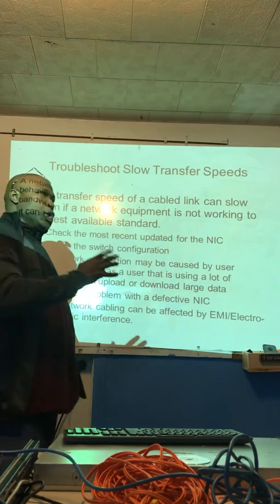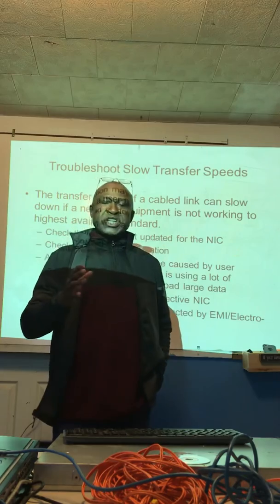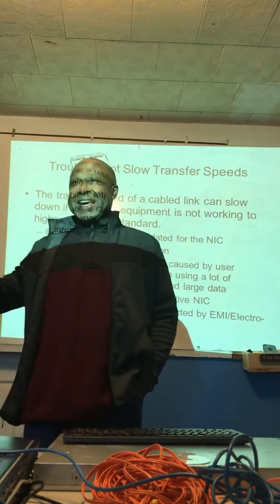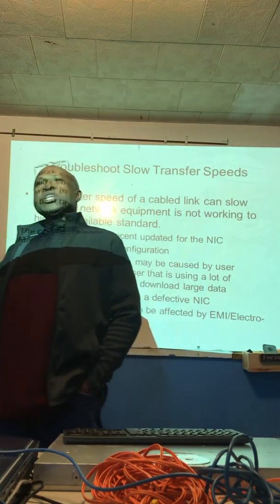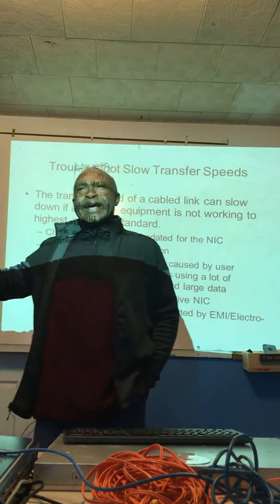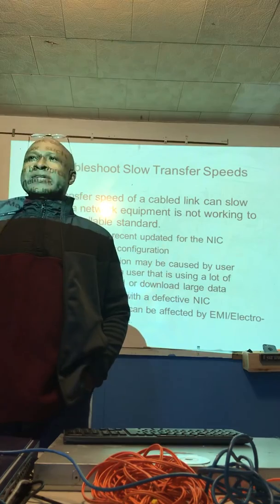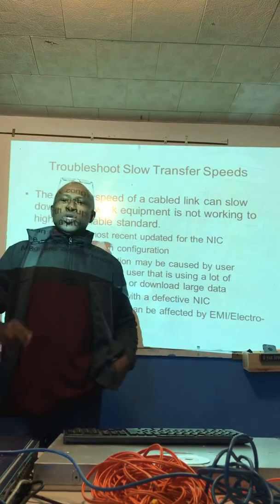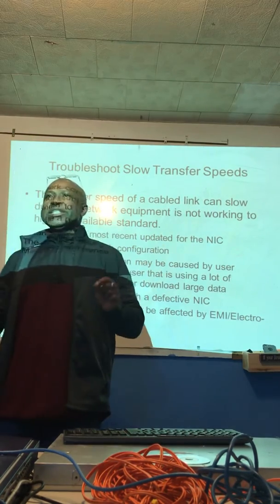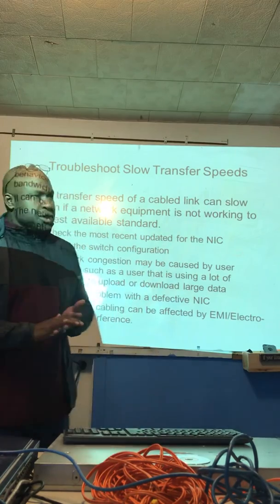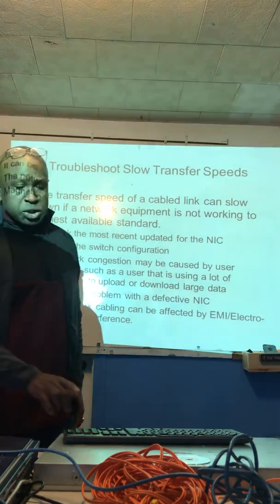They have UTP cable, which is unshielded twisted pair, and they have STP cable, which is shielded twisted pair. So anytime EMI, electromagnetic interference, is a concern, you have to use shielded twisted pair cable. Those are very, very important to remember.